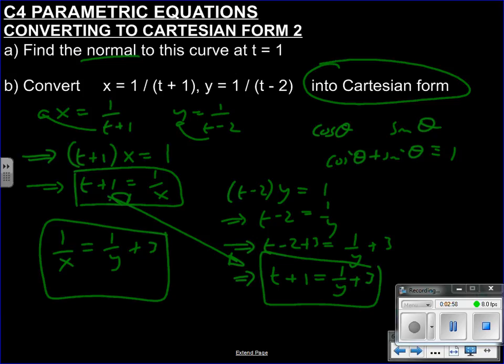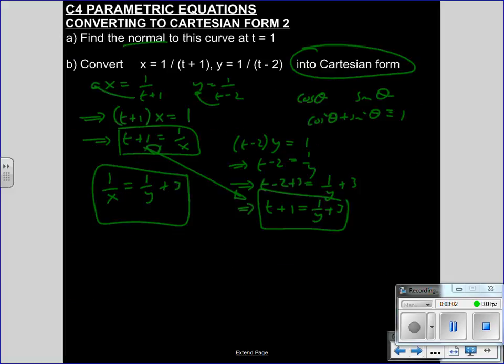And the objective is not to get y equals, because getting y equals might be really horrible. Is it really horrible? Let's have a look. So if I make 1 over y equal 1 over x take 3, and then make the denominator the same on the right hand side, so 1 minus 3x over x, and therefore y must equal x over 1 minus 3x.